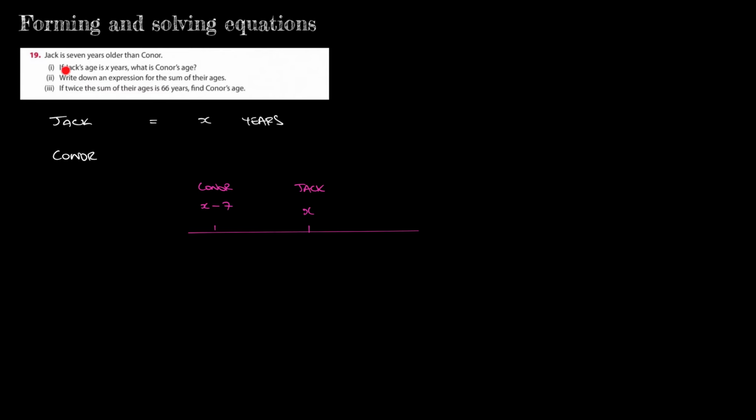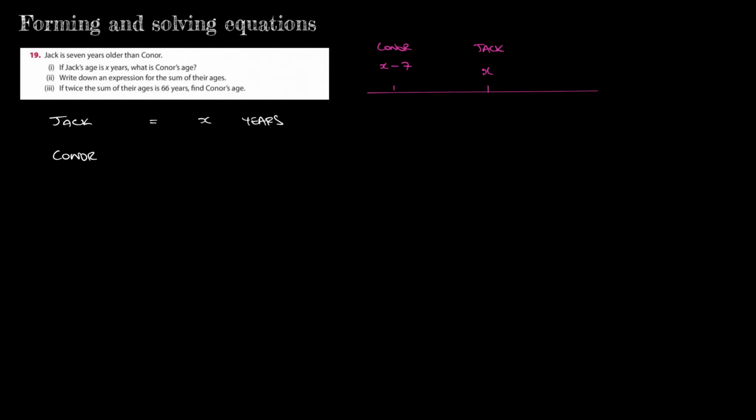If Jack is x years, and Jack is 7 years older than Conor, there's 7 years in the difference here. So obviously Conor is going to have to be x minus 7. It's important that we understand that. I'll leave that there so we can use it as a reference if we need it.